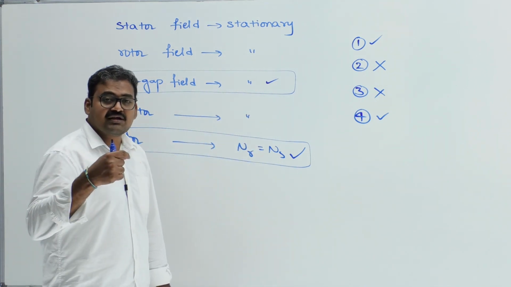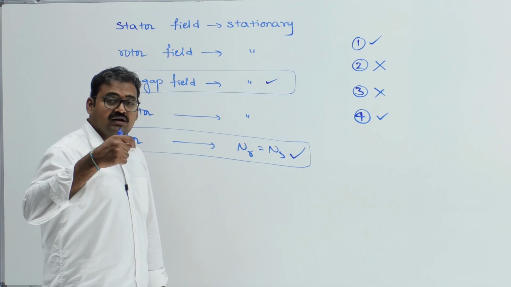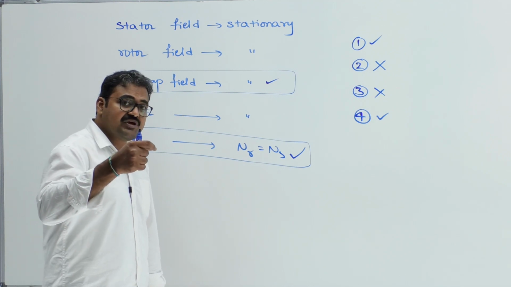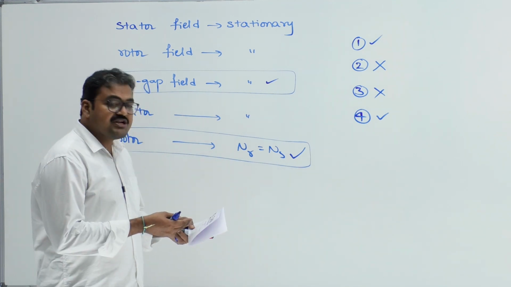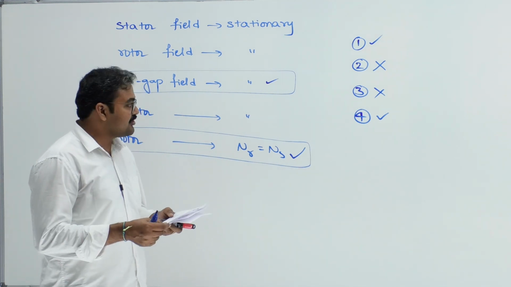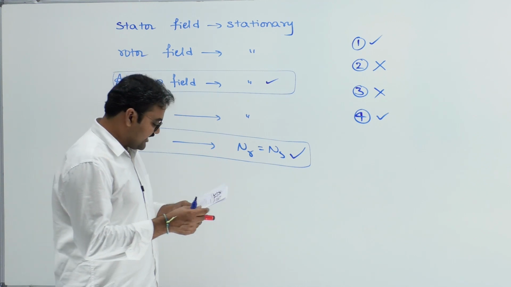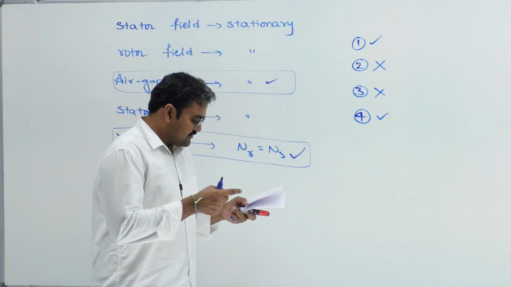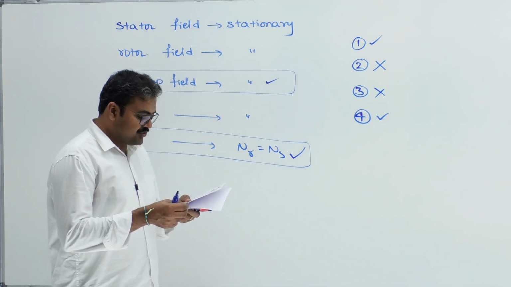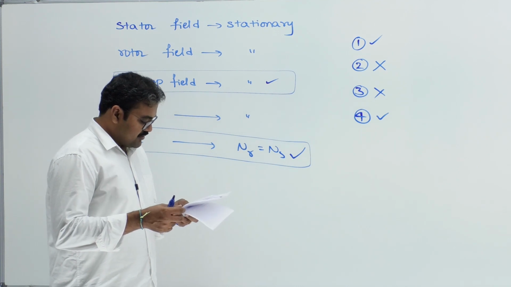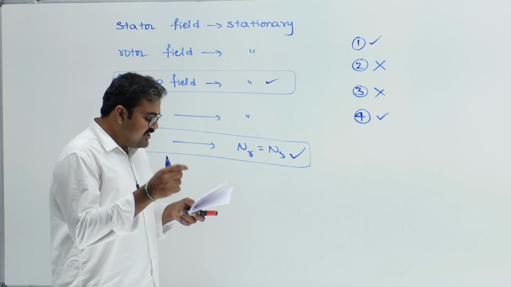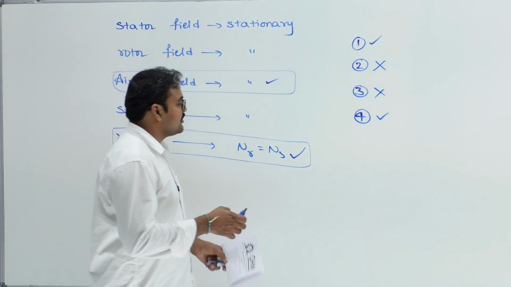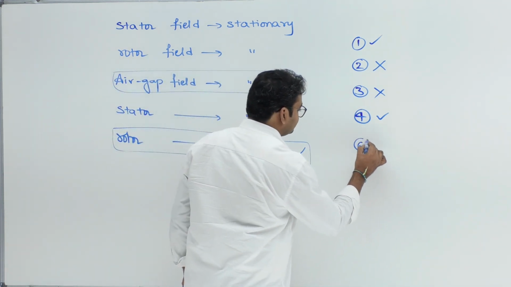Exactly speaking, it is plus ns or minus ns, minus ns, but the question is only about magnitude. Therefore, ns can be correct. Next, fifth statement. I think fifth statement and fourth statement both are same. Okay, let me go to the sixth statement. Rotating in a direction opposite to rotor rotation, that is a correct statement.